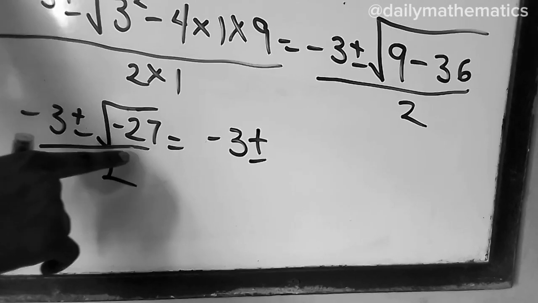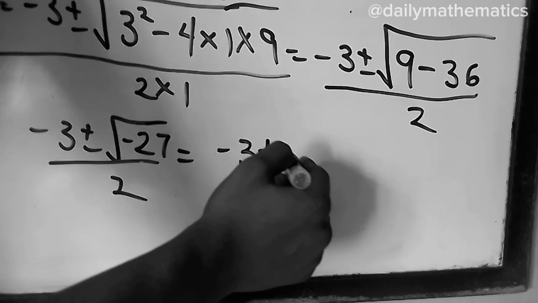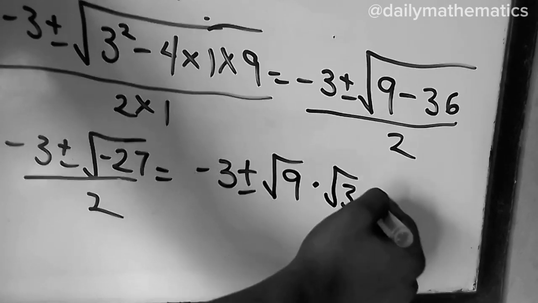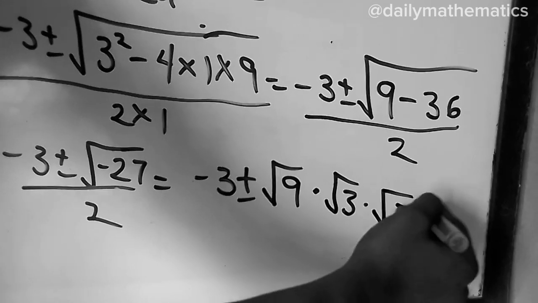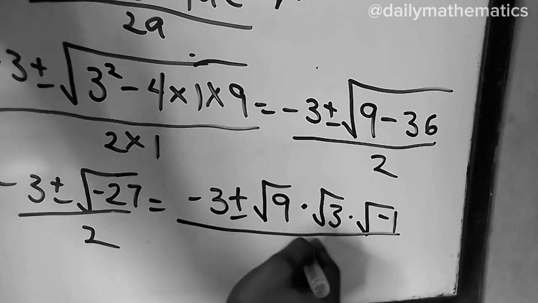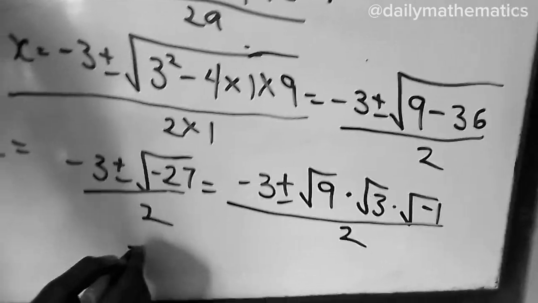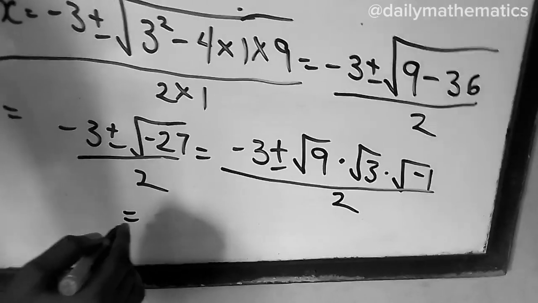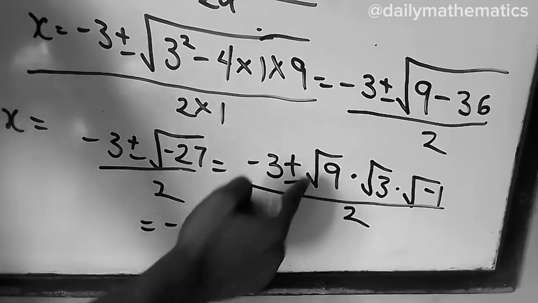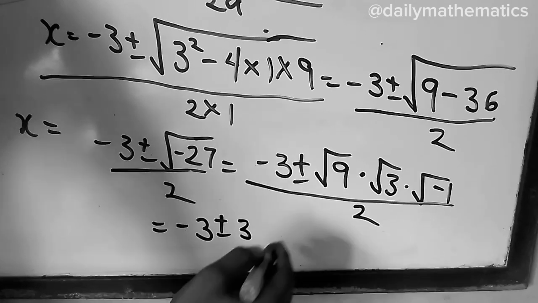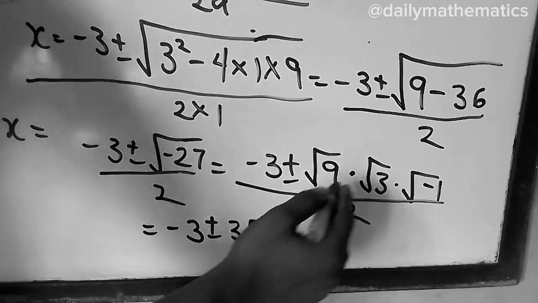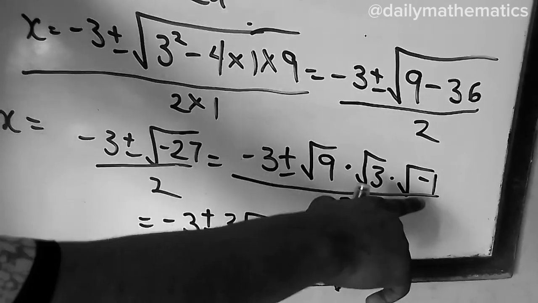We can simplify this: equals minus 3 plus or minus the square root of minus 27, which can be split into root 9 times root 3 times root minus 1, divided by 2. Root 9 is 3, times root 3, times root minus 1.